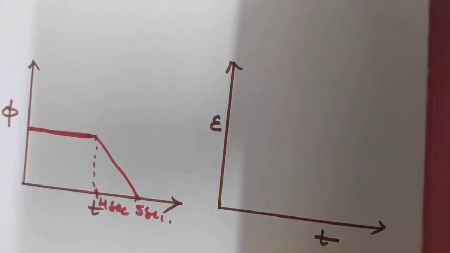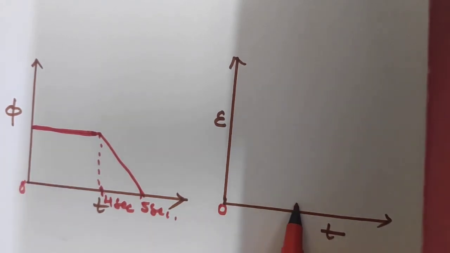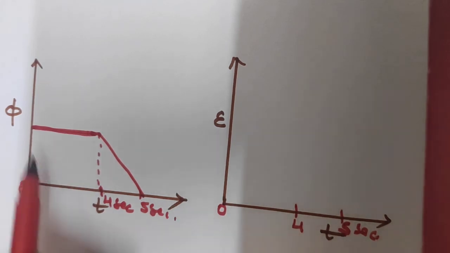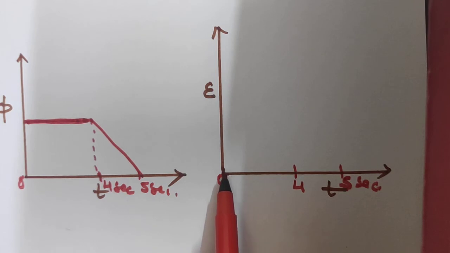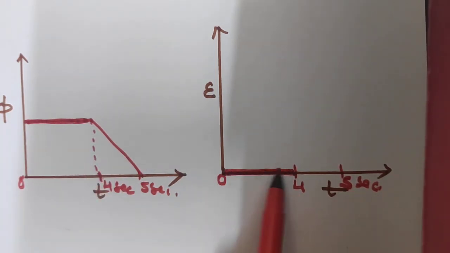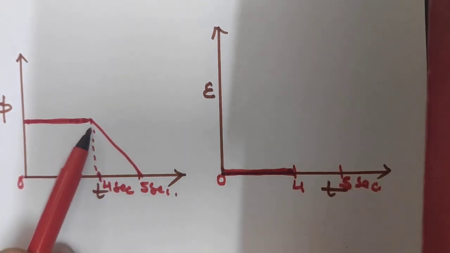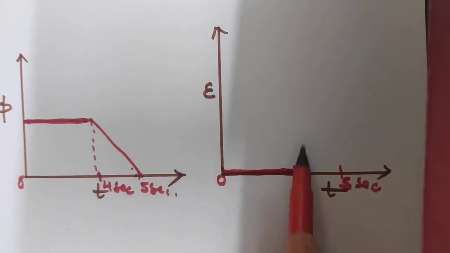Now the second graph: induced EMF as a function of time. Again we mark 4 second and 5 second. When flux is constant, EMF will be 0, since there is no variation in flux. So this is 0 to 4 second. For 4 second to 5 second, flux is decreasing, so EMF is positive.